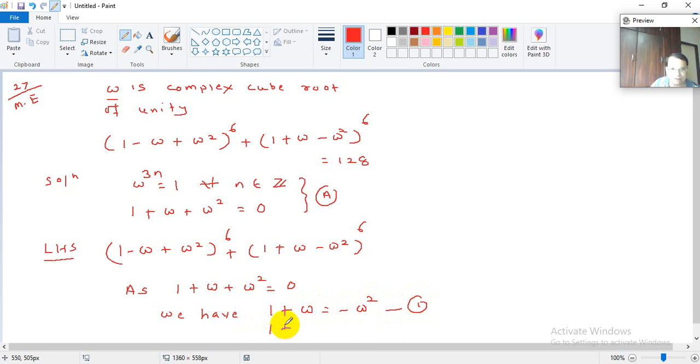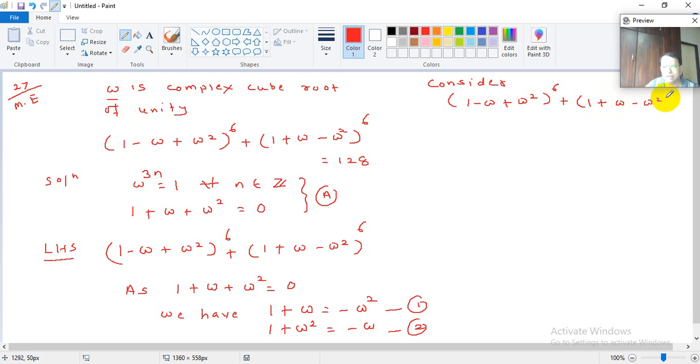Also 1 plus omega squared is minus omega. This is say 2. This is obvious now. Here, while taking 1 plus omega squared, we brought omega to the right hand side, so here it became minus omega. Now see what will happen because of that. The LHS that you have, look at the first bracket. So consider the LHS: (1 minus omega plus omega squared) bracket raised to 6 plus (1 plus omega minus omega squared) bracket raised to 6.